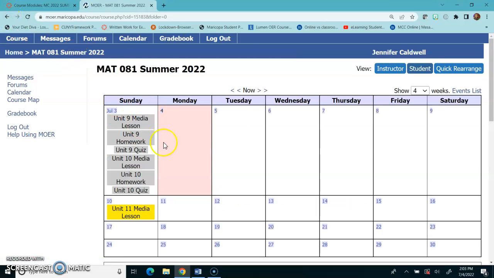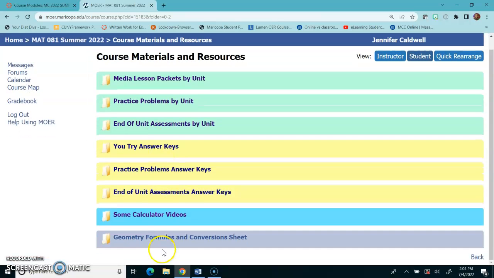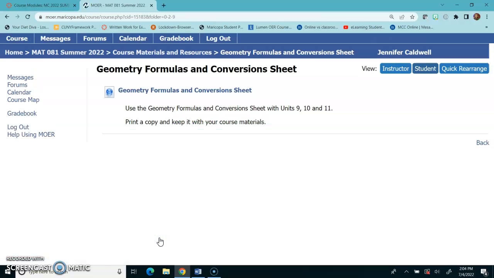And then one more thing that is in that course materials and resources is your geometry formulas and conversions sheet. So if by now you still haven't printed a copy of it, here's my reminder to you: go ahead and definitely print a copy of that.